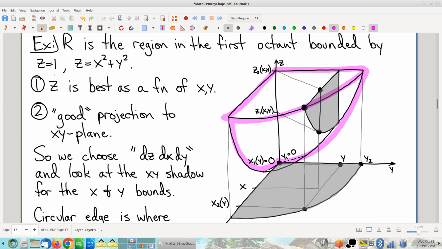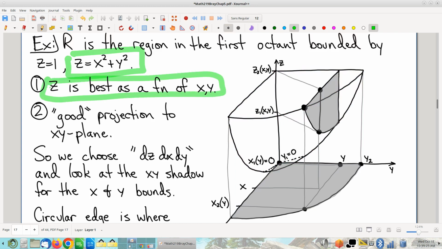All right, so here's our shape, and now how are we going to slice this up? I very quickly notice that in the statement of the question, there's a pretty good persuasion right away that I'd really prefer to not have to solve for x or y if at all possible. So my favorite variable to solve for here is going to be z, because it's already solved for.